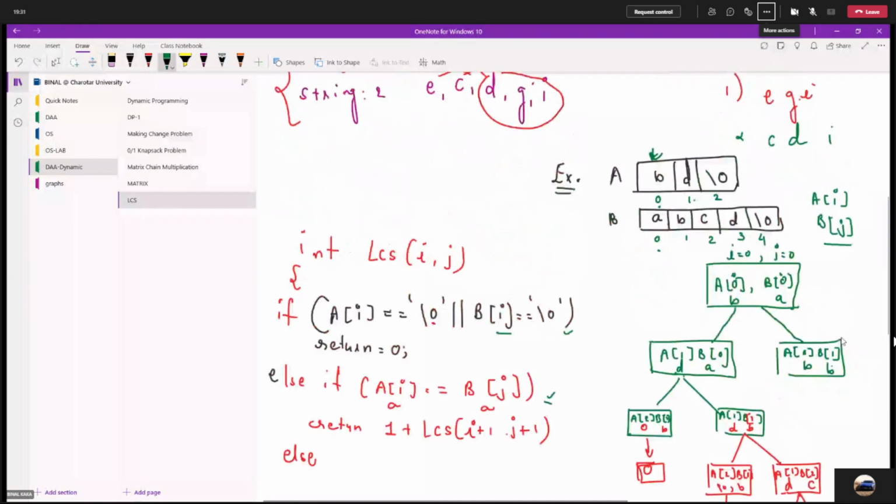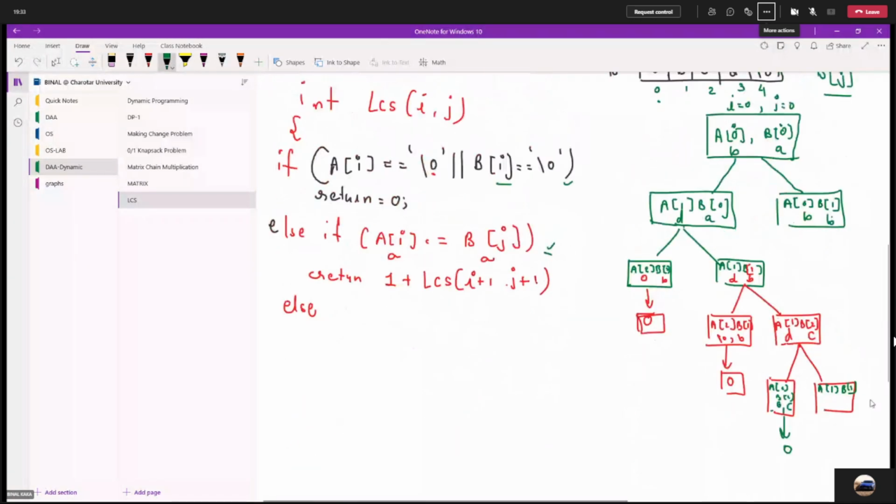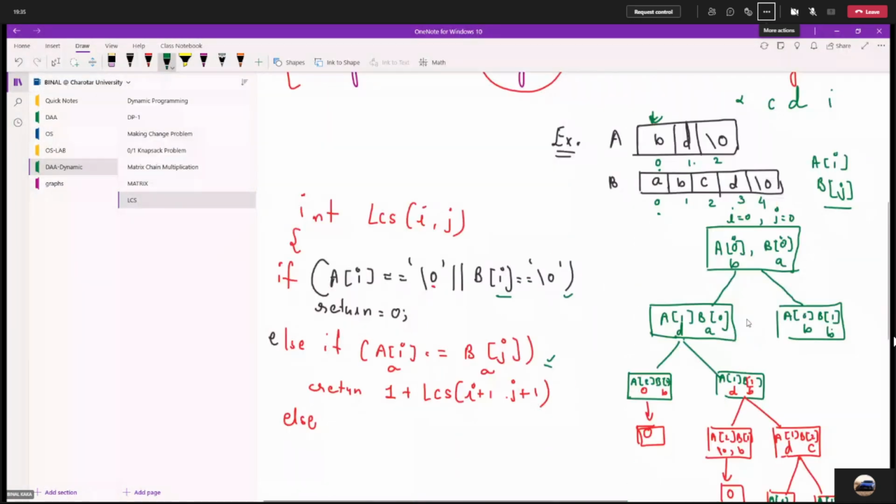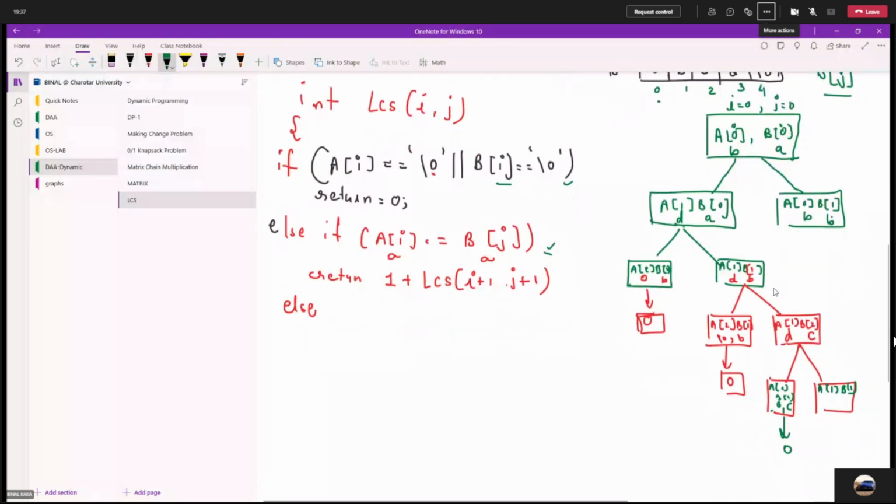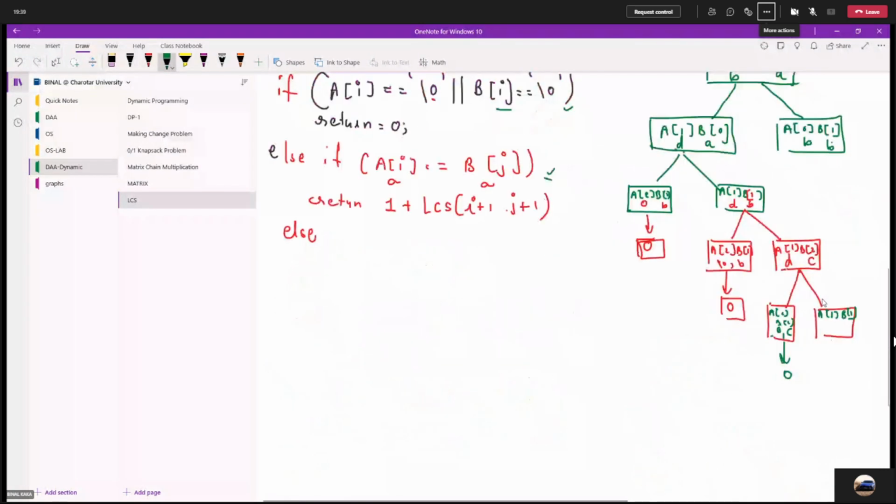A of 1 and B of 3, A of 1 is D and B of 3 is D, okay, so these are matching.